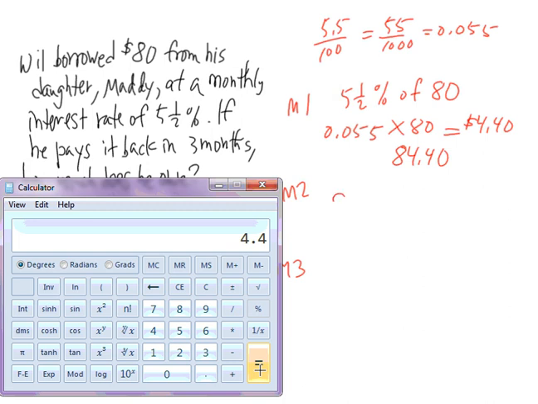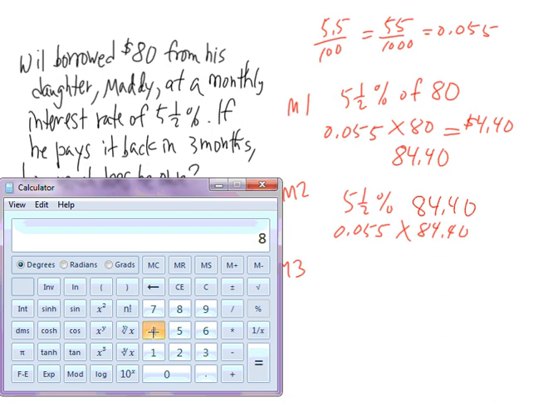So for month two, I didn't pay her back yet. So she takes the $84.40 that I owe her, and she takes another 5.5% on that. So that's 0.055 of 84.40.